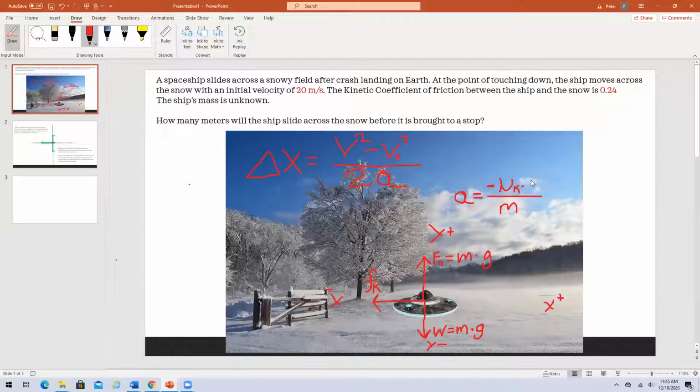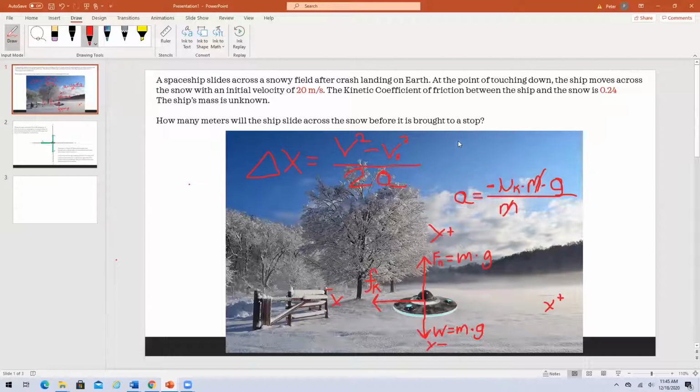So I know that the normal force will be equal to mass times gravity. Okay. And look what happens to M. Bam, bam. It just cancels out. So we don't actually have to spend 1 second of our lives worrying about what the mass of the spaceship is. It just cancels out and we don't have to worry about it.